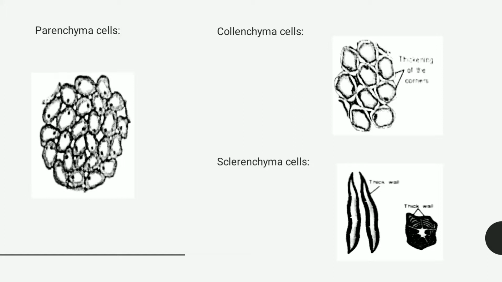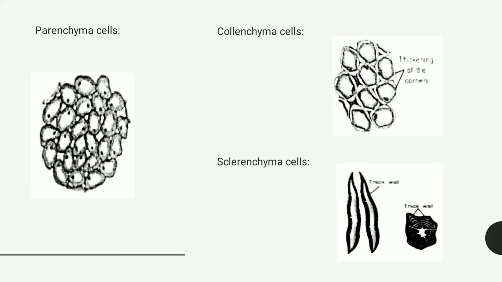Due to this emptiness in the tissues, these leaves are able to float on the water, as they have large intercellular spaces which form air cavities inside the ground tissue system.